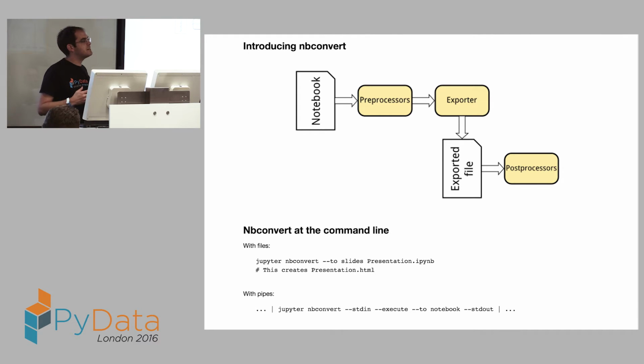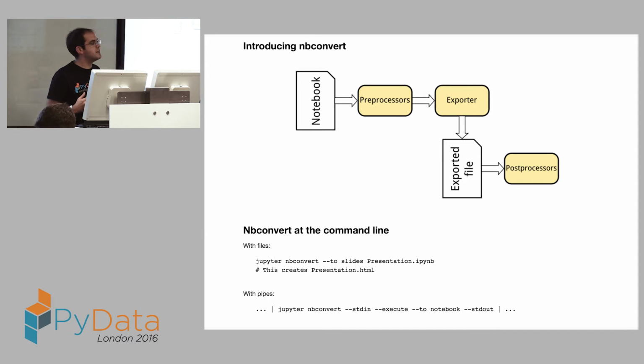So nbconvert is a set of tools that turn notebooks into other formats, and there are three main pieces to the nbconvert toolchain. You start with a notebook file or a notebook object in memory. That goes through preprocessors, which are pretty much just functions that act on the notebook and return a modified version of the notebook.